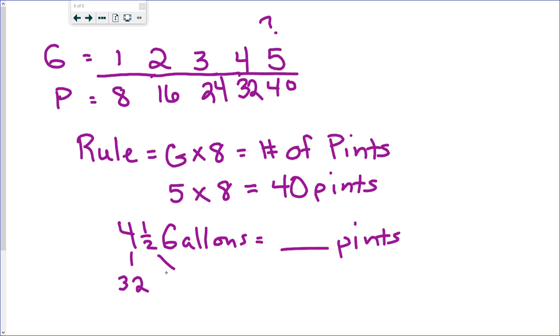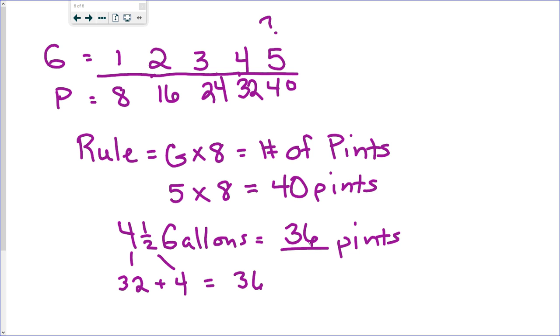We have half of a gallon. So half of those pints. We have 8 pints here, so half of 8 would give me 4. So 4 pints is a half a gallon. Now if I add those two together, 32 plus 4 gives me 36, so it's 36 pints.